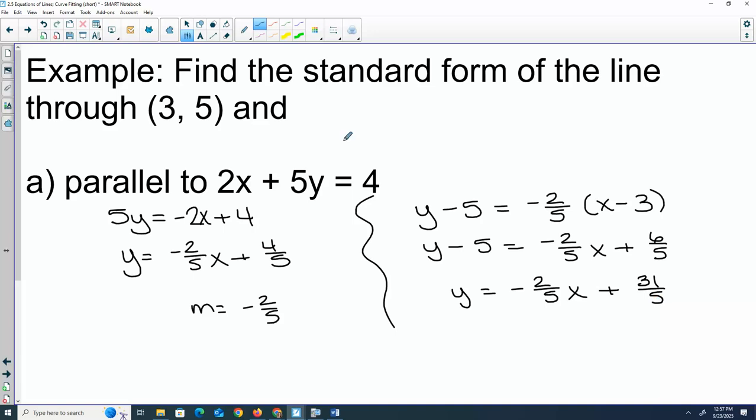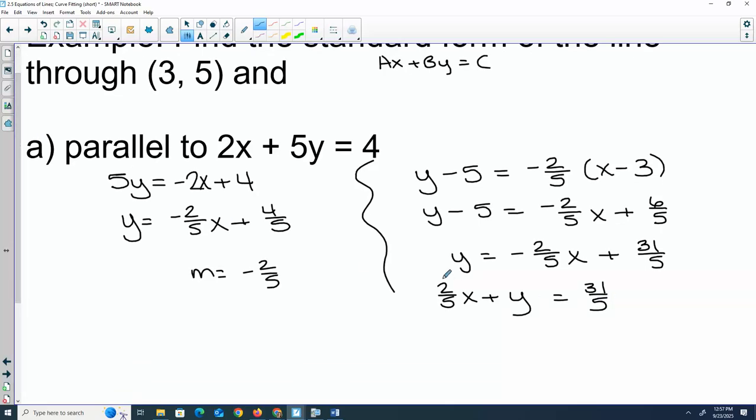Standard form says ax plus by equals c. So I need to move my x term over. Okay, x has to be positive, which it is, but we can't have any fractions. So what would I have to multiply by? You can have a coefficient, you just can't have a denominator. So we could just multiply everything by 5.